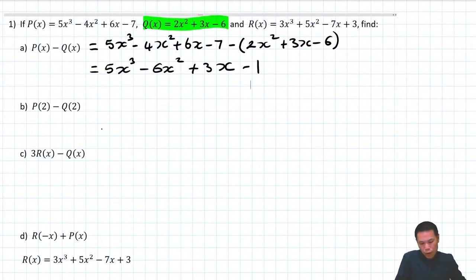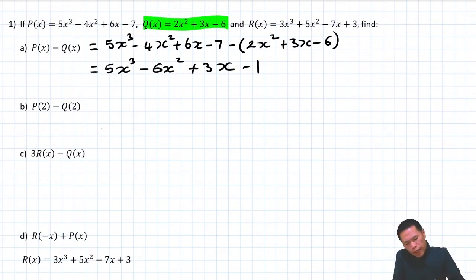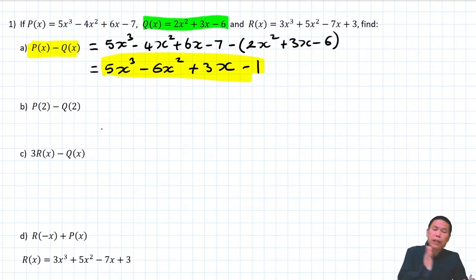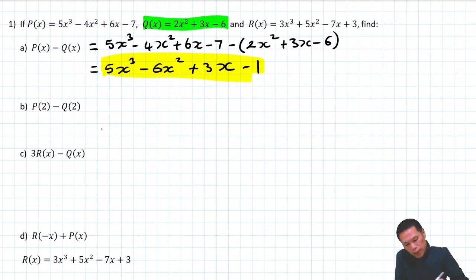Second one. So we have p of 2 minus q of 2. Since we already worked it out, p of x minus q of x is equal to this. So therefore, to find p of 2 minus q of 2, we simply substitute into that function. So that is equal to 5 lots of x to the power of 3, but x is 2.